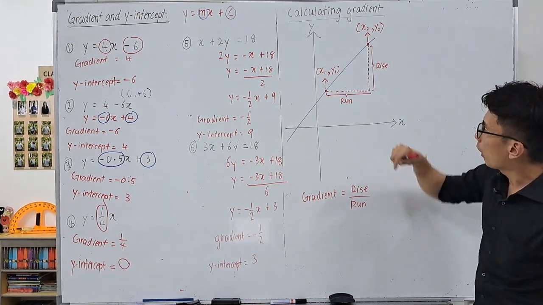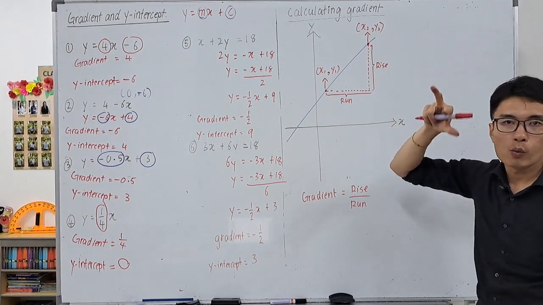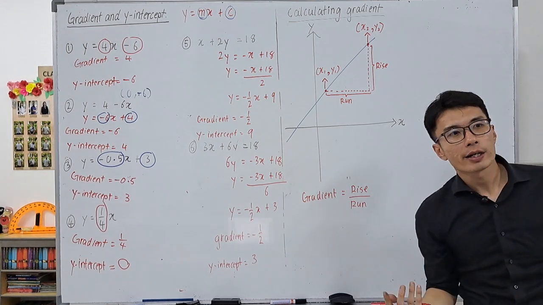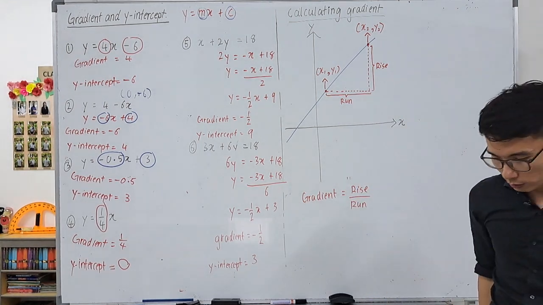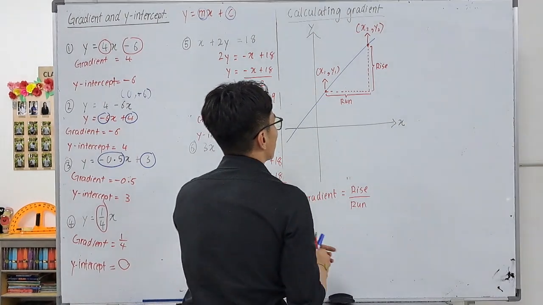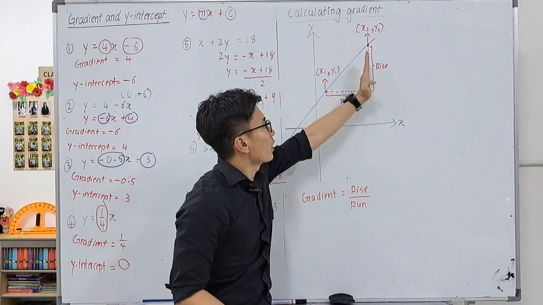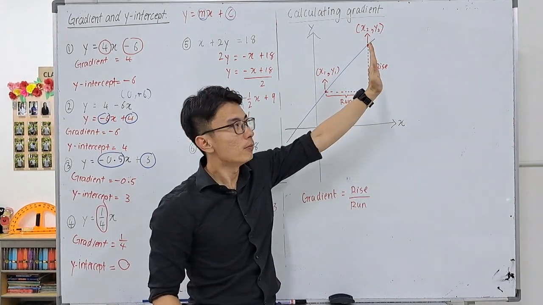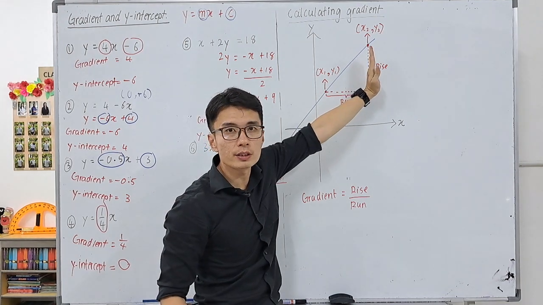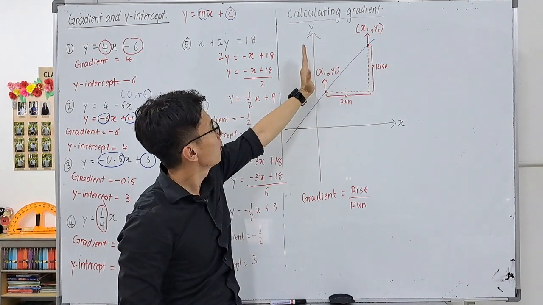Now, how do we find the rise? What is the expression that I can write to represent the rise? The rise is going upwards, like rising up. Going upwards vertically represents the y-axis.